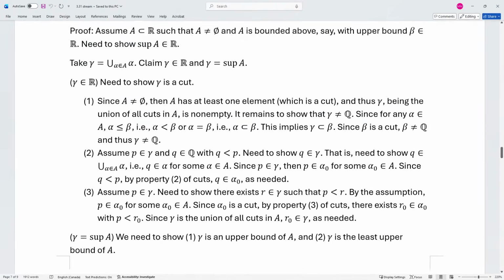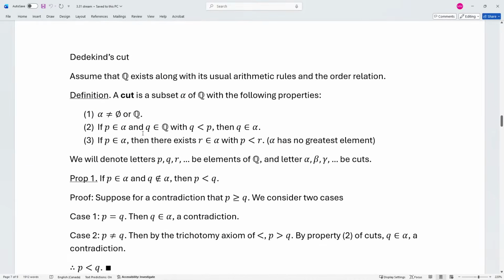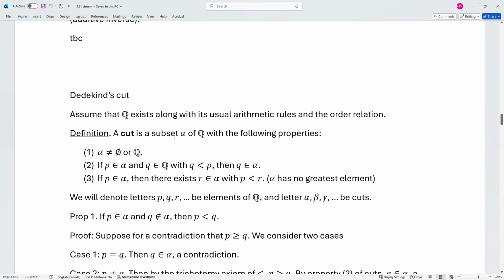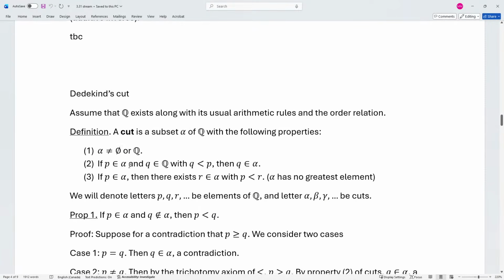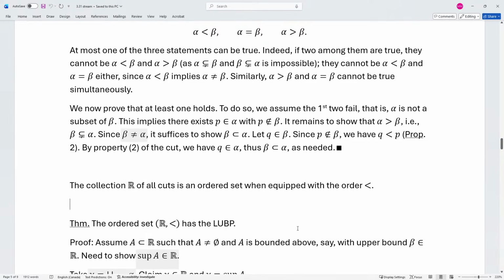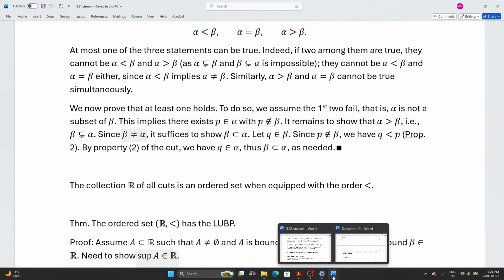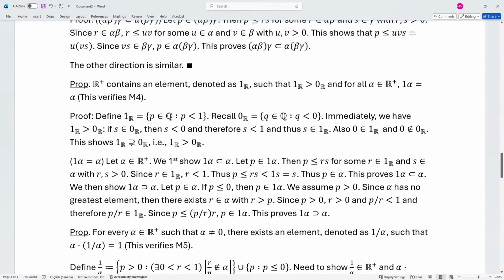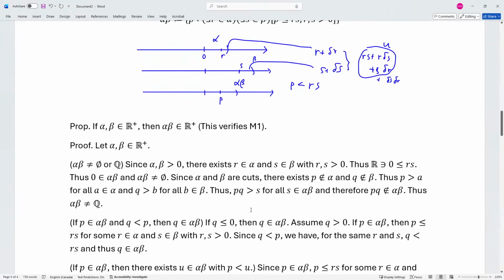A cut is a subset of Q with these properties, and the set of all the cuts is called R. We haven't used the real number word yet. That's the mental gymnastics we're playing.